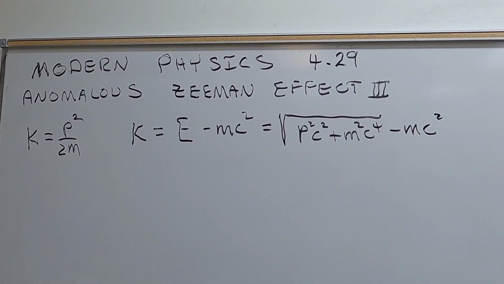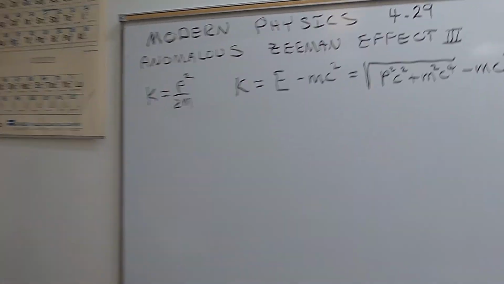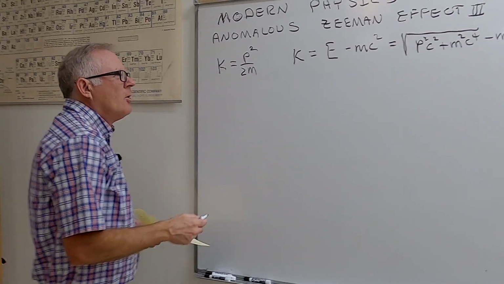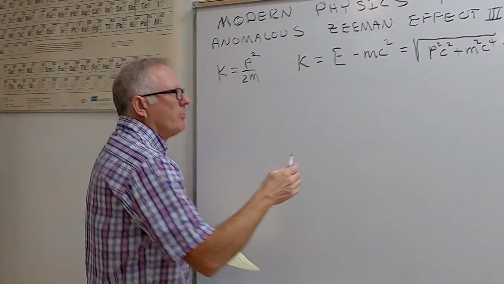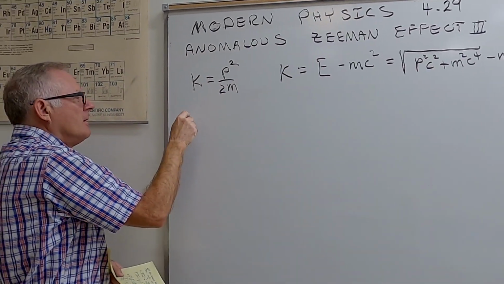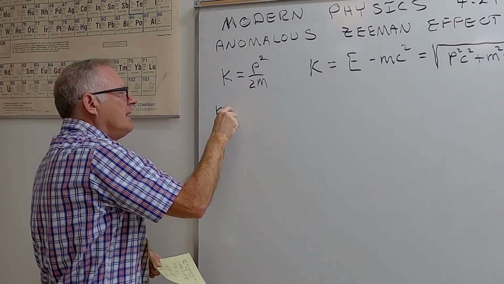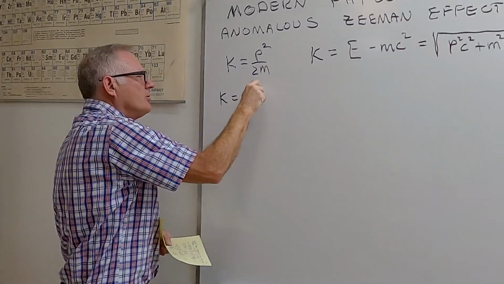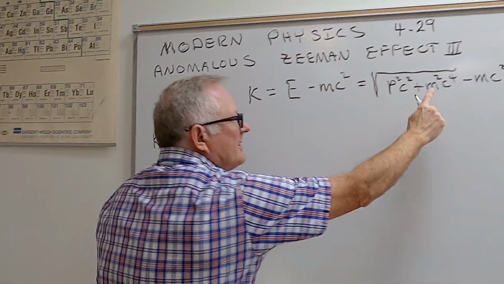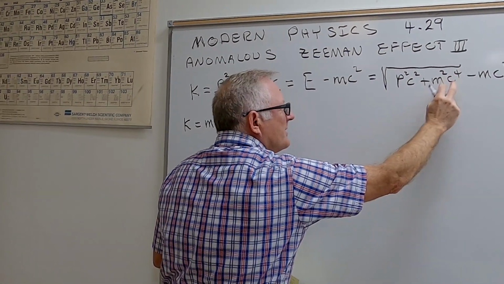So that would be an exact expression for the kinetic energy, but I don't want it to be quite as exact. What I'd like to do is pull out an mc squared. So you've got K equals mc squared times... this term, if I pull out an mc squared, just becomes 1.